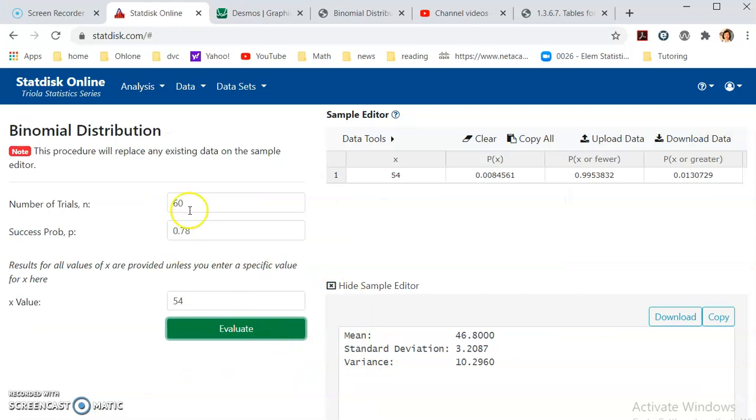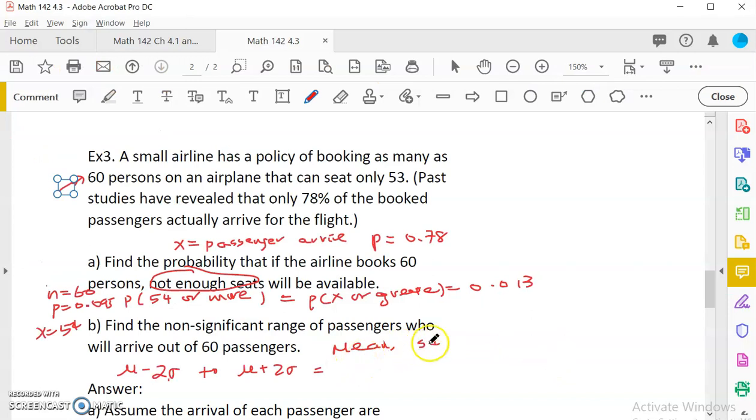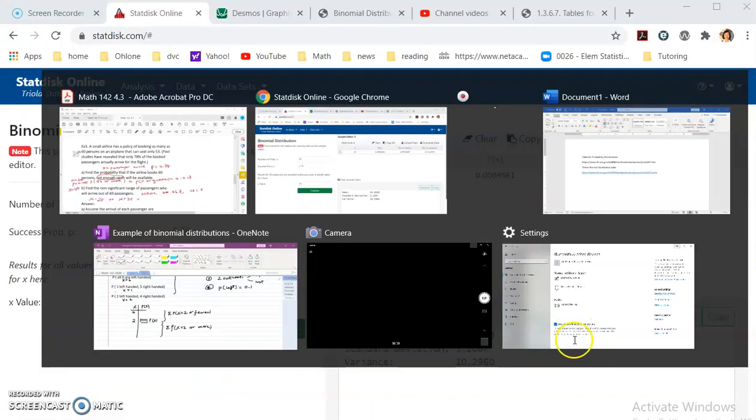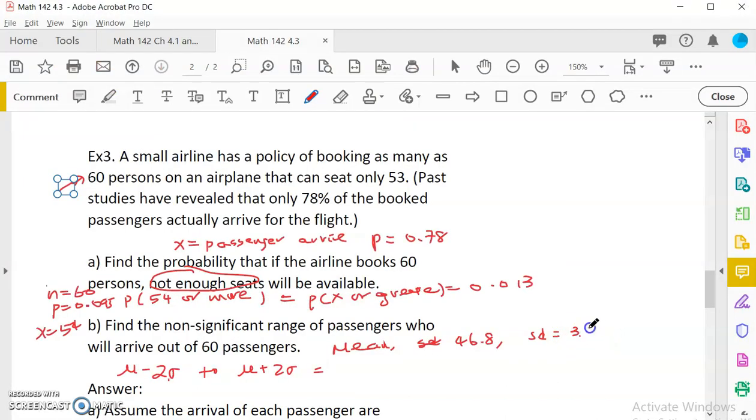I did it already with 60 and 0.78. The evaluation is already done: 46.8 and 3.20. So the mean is 46.8 and the SD is 3.20.